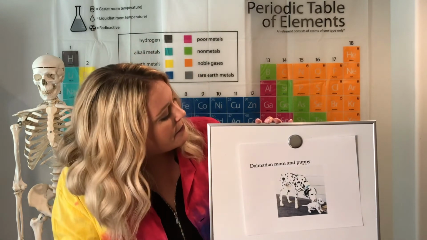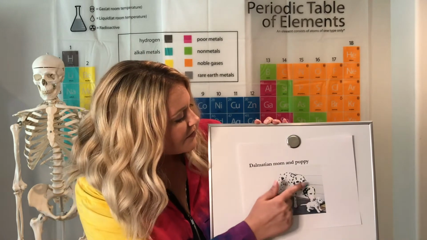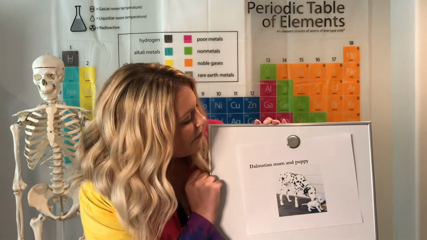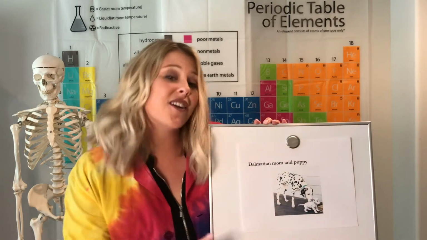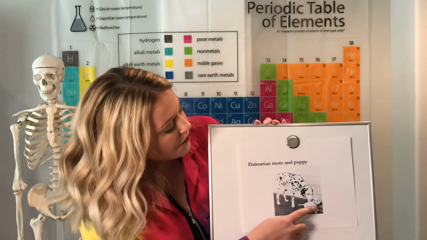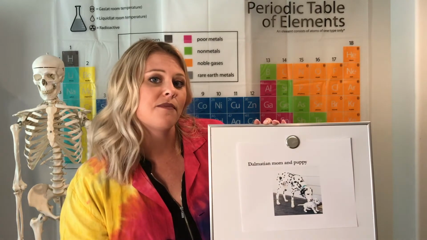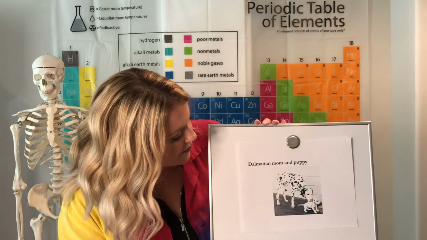Let's look. You may have noticed spots. The mom Dalmatian has black spots on her body. The puppy does have spots as well. They're not as dark, but the puppy and the mom share a similar trait of spots. What else do you see that's similar?